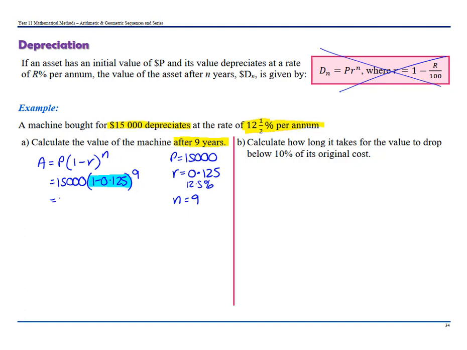So this next step is 15,000 times by 0.875 to the 9. So we're decreasing each year because it's times by 0.875, that's 100% minus the 12.5%. So understand why, what's going on. And that ends up equaling $4,509.87.